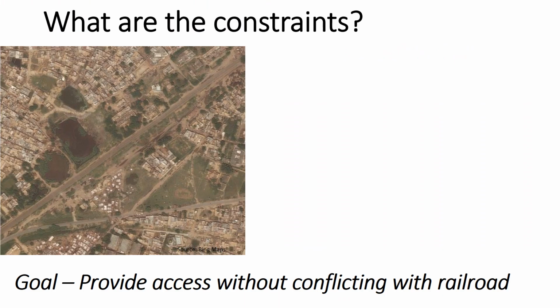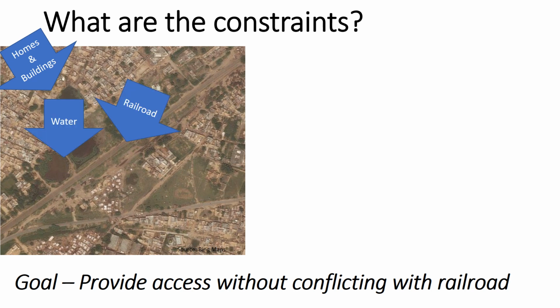So let's start by talking about some of the constraints. And again, the overall goal for this, in my opinion, or from my perspective, is to provide access of this new roadway that's going to connect these two areas without conflicting with the railroad. So some of the things to look at as constraints are the nearby homes and buildings. There are some water features in this area. Of course, the railroad.